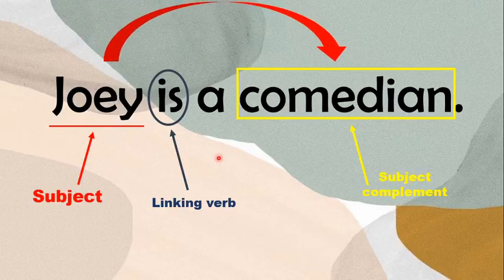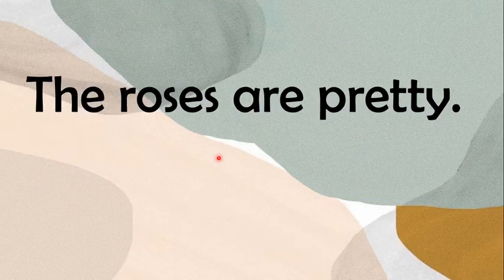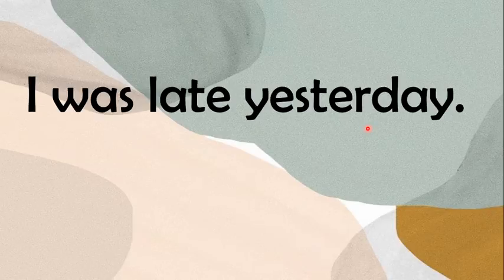Next. The roses are pretty. So what is our linking verb here? Very good. It's are. So are here links the ideas between what? Very good. The roses and the word pretty. I was late yesterday.